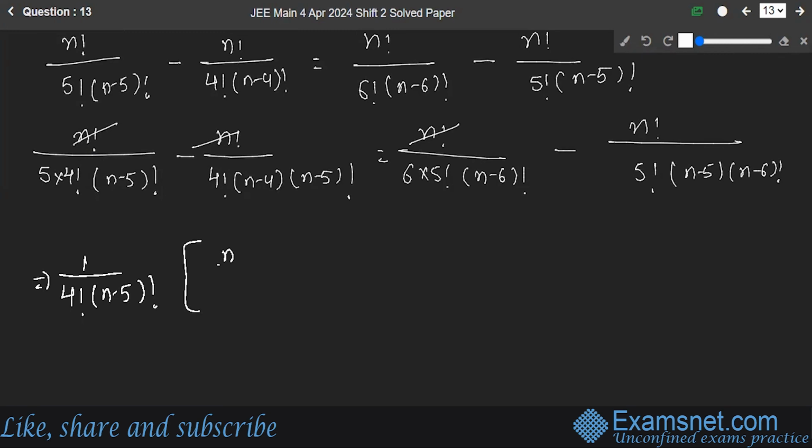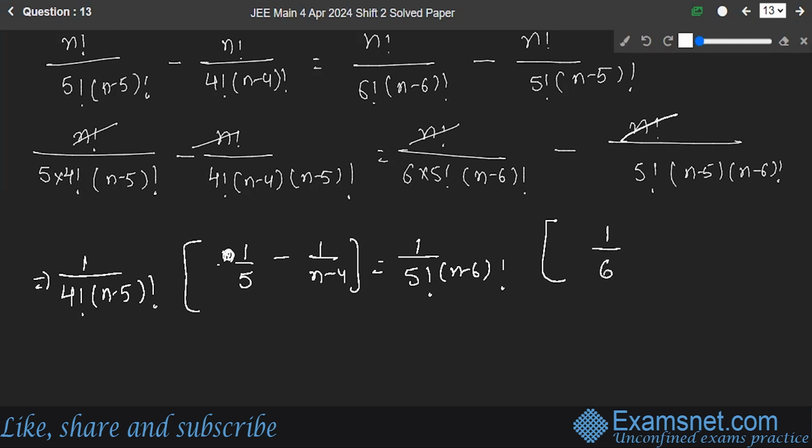Here you will be left with 1 by 5 minus this. Similarly, this will cancel. Similarly, over here, I will take 1 upon 5 factorial n minus 6 factorial common. Inside, you will be left with 1 upon 6 minus 1 upon n minus 5, right?